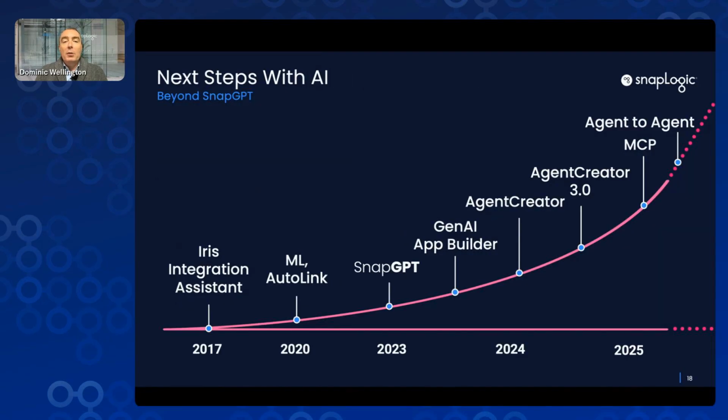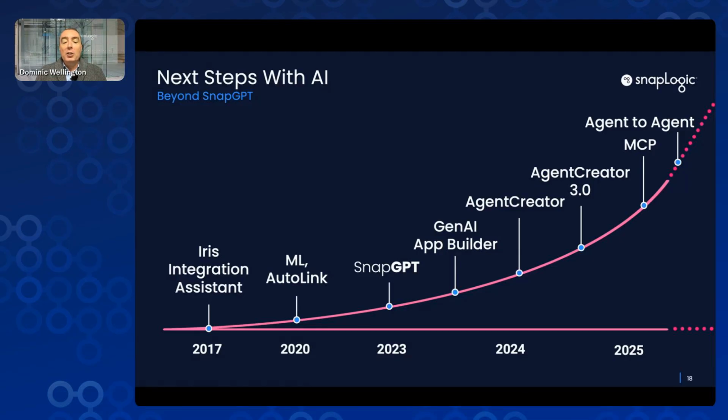So I mentioned before, SnapLogic has been working on AI and generative AI for a while now, and we didn't stop with SnapGPT. So once we had the general idea of a co-pilot up and running, we continued working on it as we've described, but we also started looking at other ways that people could use generative AI within SnapLogic. One way is to build their own Gen AI powered experiences using SnapLogic as the foundation.